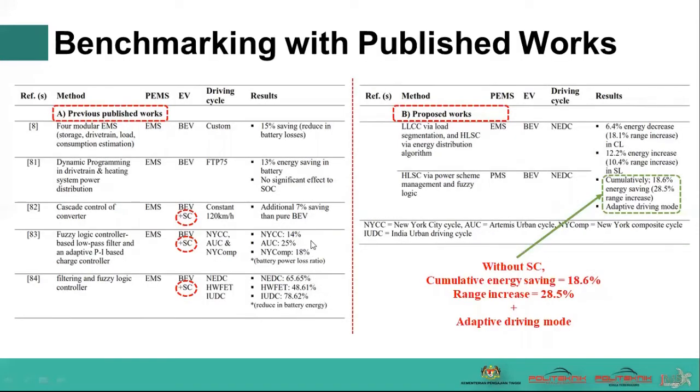So we did some benchmarking with published previous work. Previous researchers only managed to report their work on battery current related stage to conclude the losses. But in this research, we have developed a complete BEV model to implement the PMS and calculate the increment in range. Without SC or supercapacitor, the reduction in battery losses is around 15 to 13%, but with supercapacitor, higher reductions can be achieved.